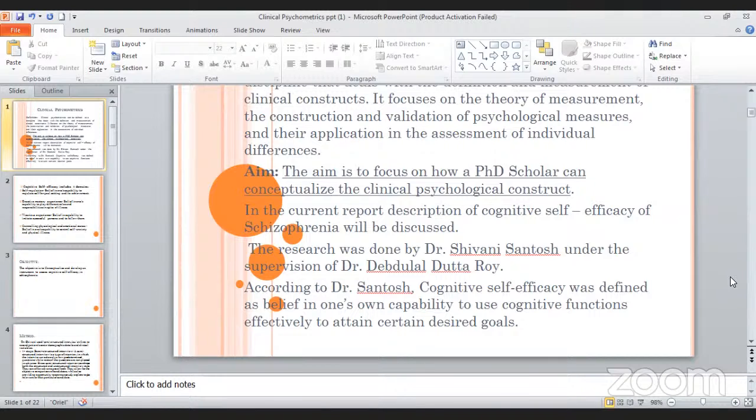So it is not about the capability of an individual, it is about their belief about their capability. Our focus is to find out the cognitive self-efficacy in schizophrenic patients.